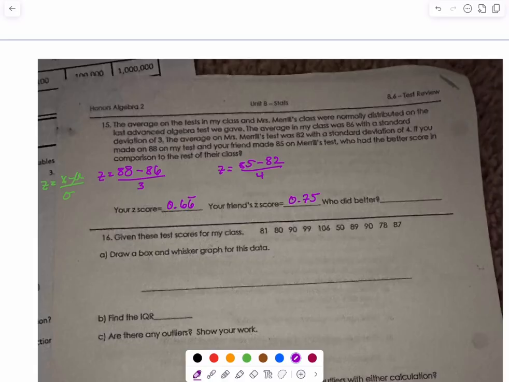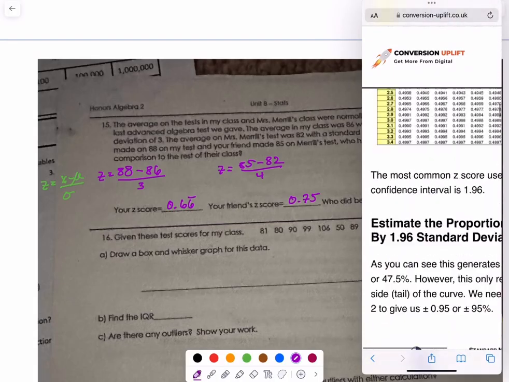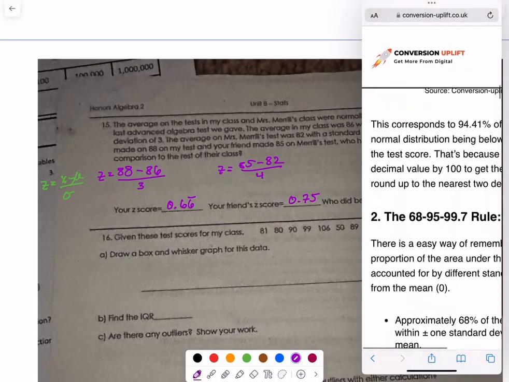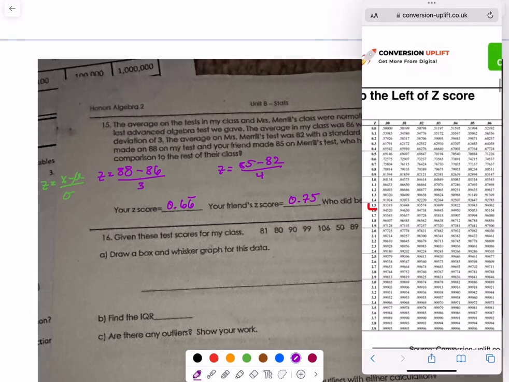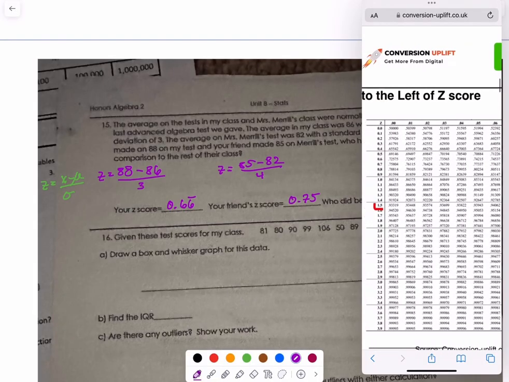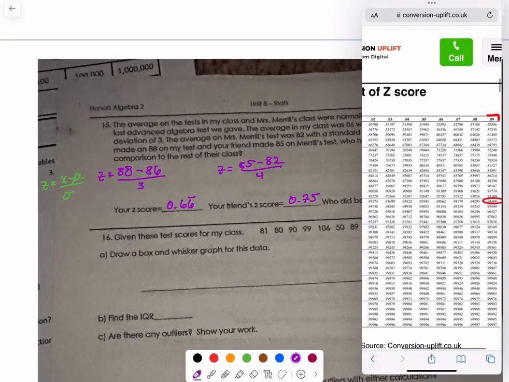Let's look at the percentages corresponding to those z-scores. So these are both positive z-scores, so we're going to go to our positive z-score chart. 0.66. So that one puts you in the 74.5 percentile. I'm just going to put the percentile here. 74.5th percentile.